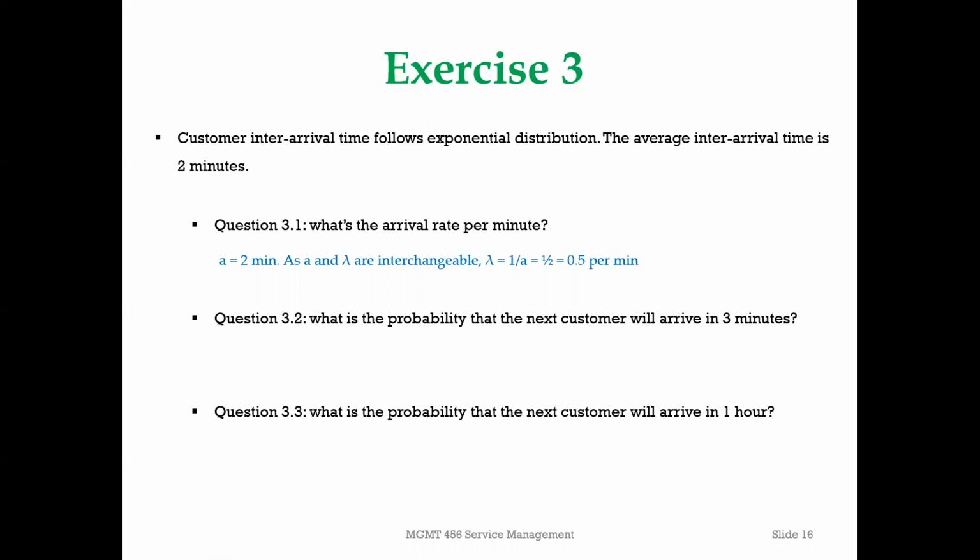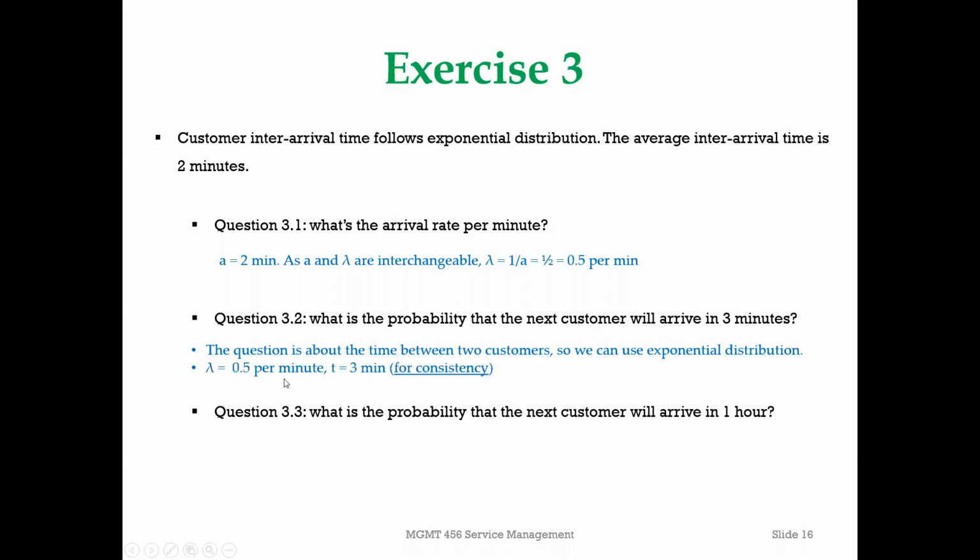So obviously we can use the exponential distribution. Lambda is 0.5 per minute from question 3.1, and t is 3 minutes. You can see 0.5 per minute and 3 minutes are consistent.